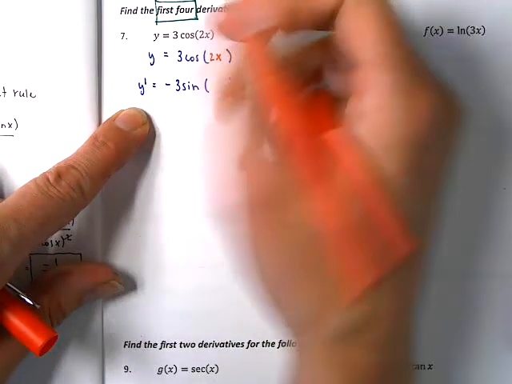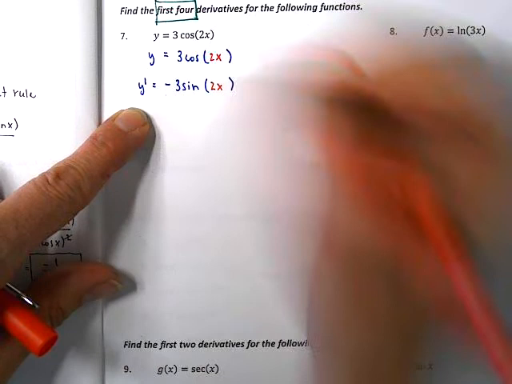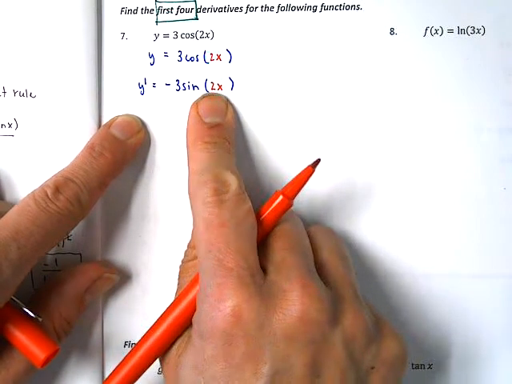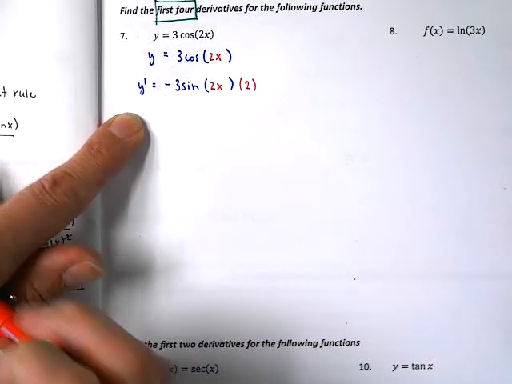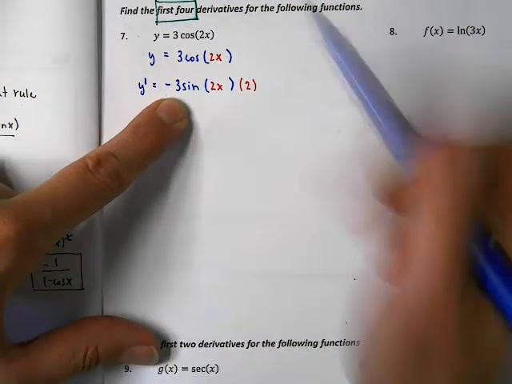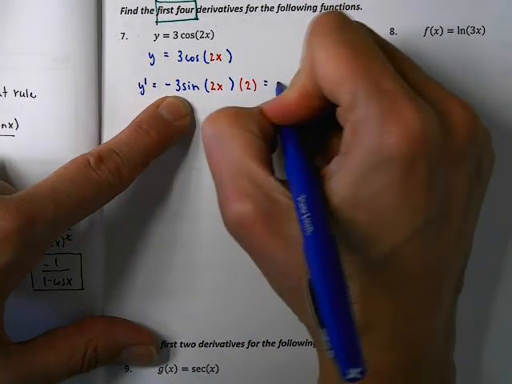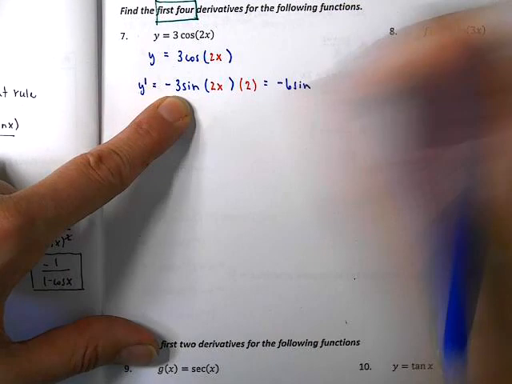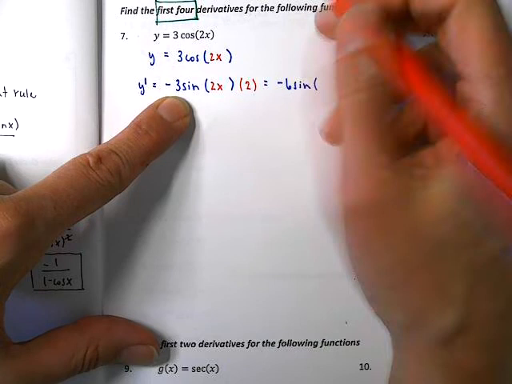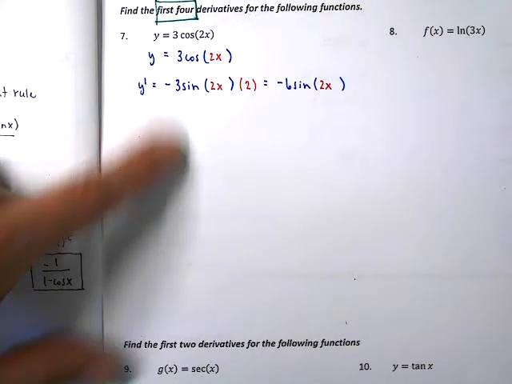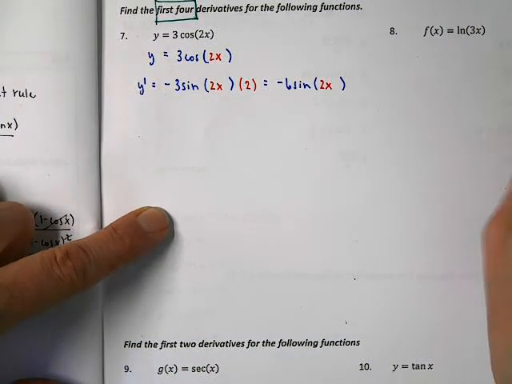My inside is going to stay the same for right now, and then I'm going to multiply by the derivative of the inside, or multiply by 2. So if I simplify this, now I have negative 6 times the sine, and I still have that inside function of 2x. So that was just our first derivative.